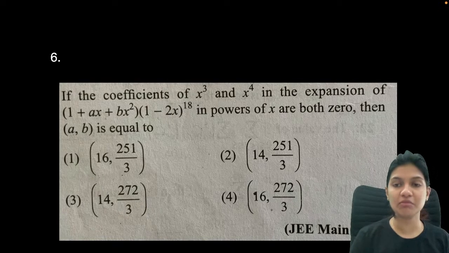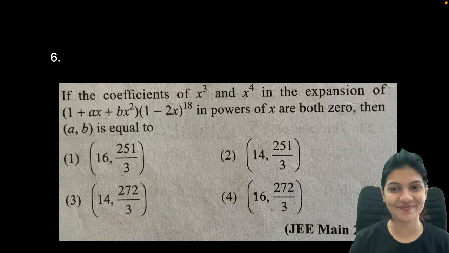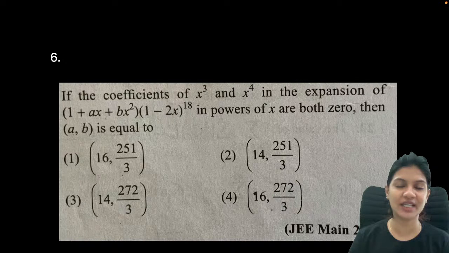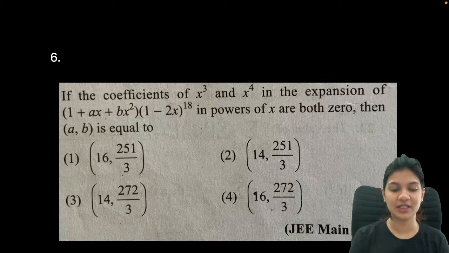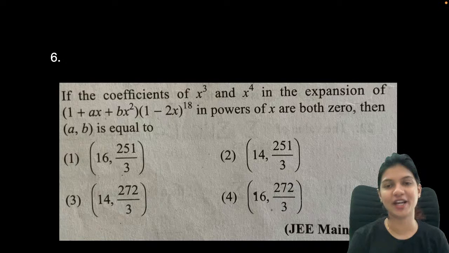So this is a JEE Mains 2014 question. I want all of you to try this. Take a screenshot or write down the question. We'll discuss this solution in the next class of PYQ session of binomial theorem.